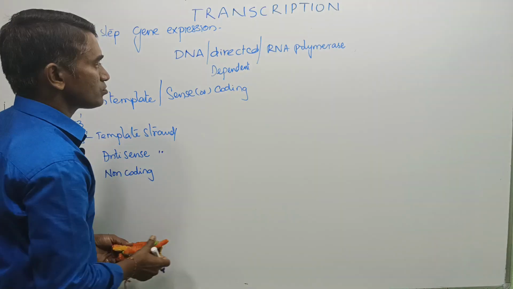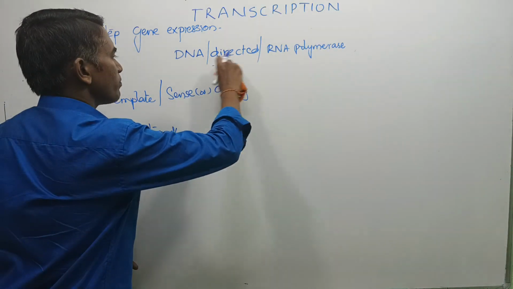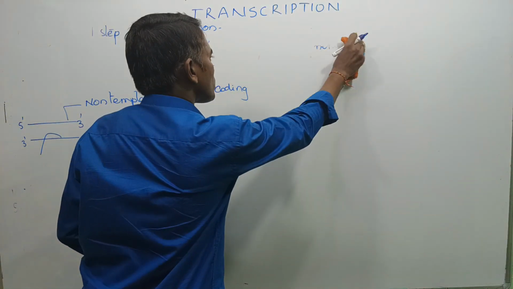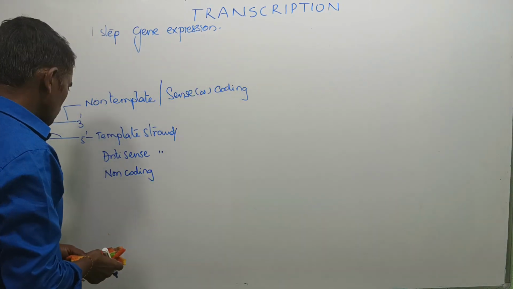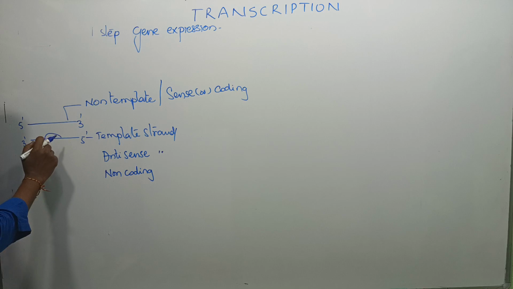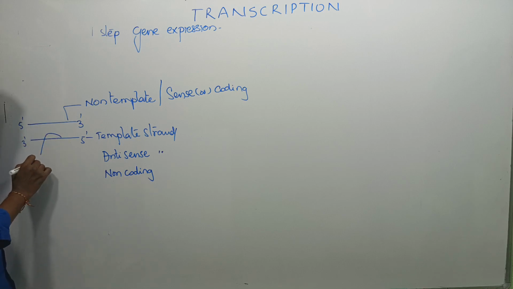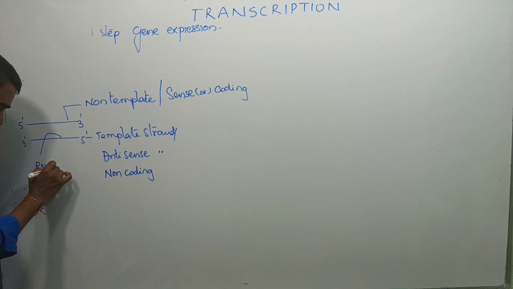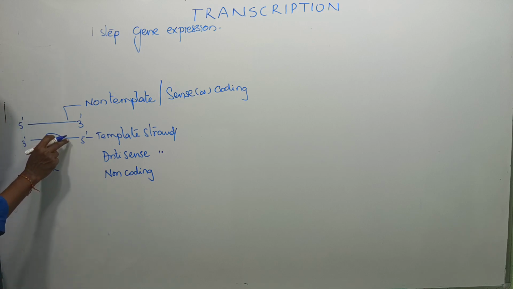Why so? Out of the two strands, only this strand acts as the template. So the sequence of the newly synthesized RNA strand would be complementary to this template strand.